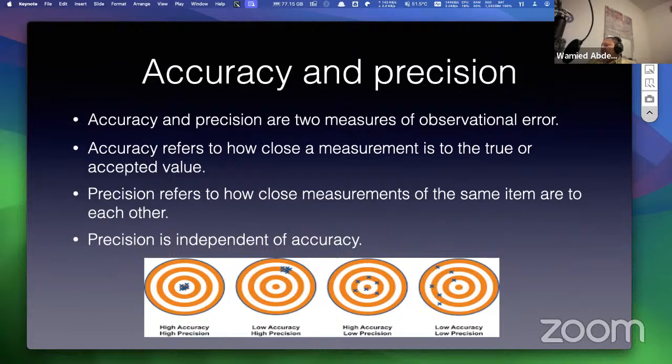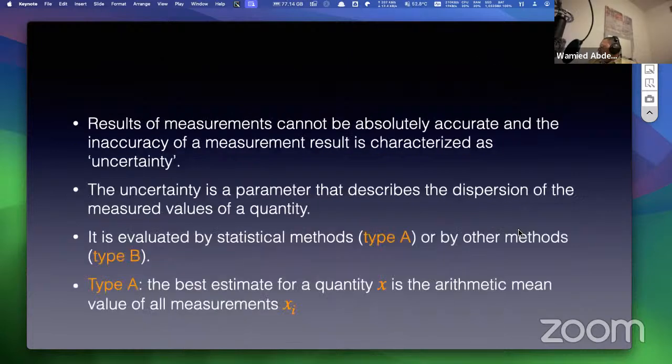An example would be, imagine we have a dosimeter that, whenever it's exposed to the same dose, gives us the same reading. That means this dosimeter is precise. But the dosimeter might not give us the correct dose, or it could be giving us something far from the true dose. This distance of how far the measurement is from the actual value is what we call the accuracy. So that's the difference between accuracy and precision.